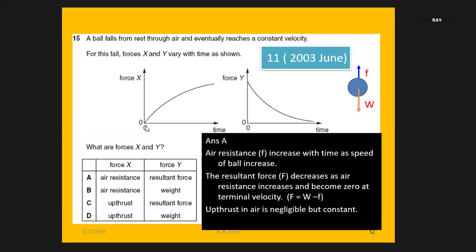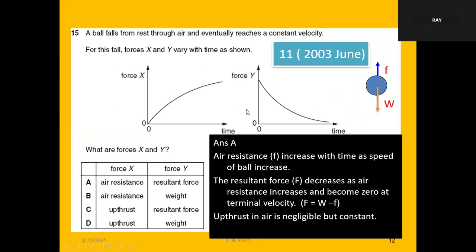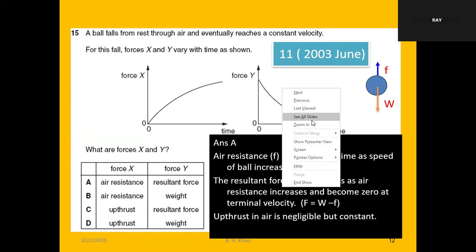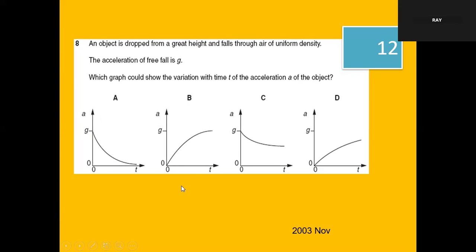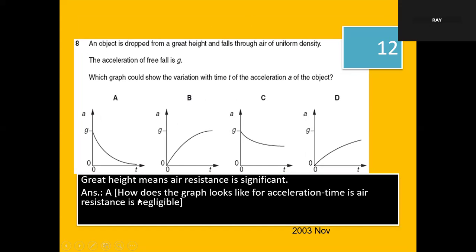I think it's either B or D, same as this one. Initially it is g, you drop it, initial acceleration is g. Great height means air resistance is significant, so it will decrease to zero. At terminal velocity the acceleration will be zero. Stop me if I'm going fast.